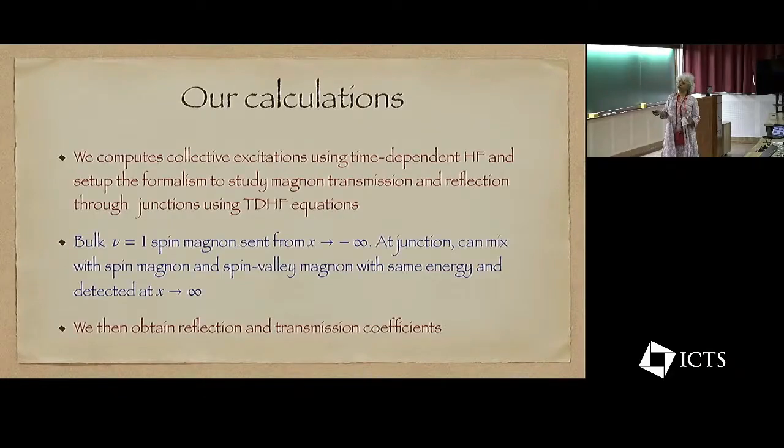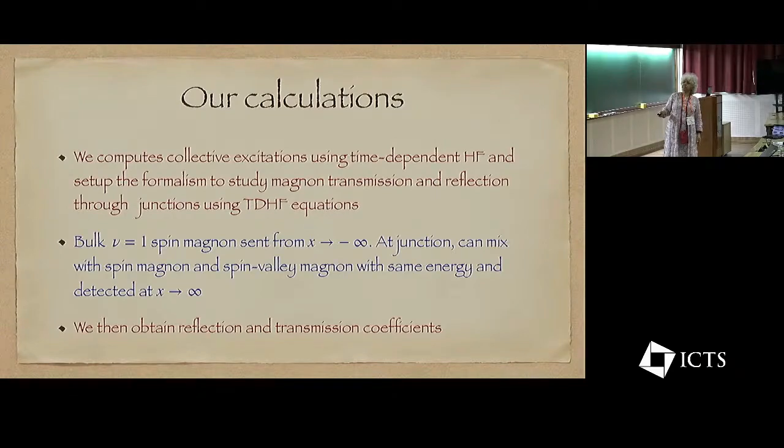This is just one slide to say that we study this using time-dependent Hartree-Fock formalism. You can do reflection and transmission, and there are equations you can set up for that. You send in the spin magnons from x equals minus infinity.